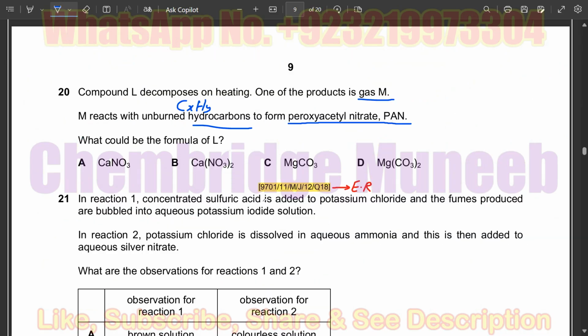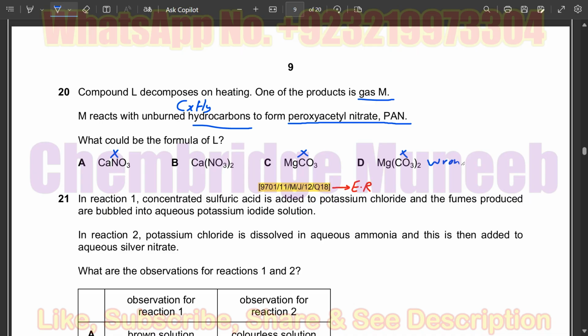Now, going back to the question, which of these compounds will decompose on heating to give that NO2 and O2? So, the calcium nitrate formula is wrong. It is not the right formula. Magnesium carbonate will not give us NO2. It will give carbon dioxide. So it is wrong, and it is also, by the way, wrong by formula as well. And D is giving the wrong formula.